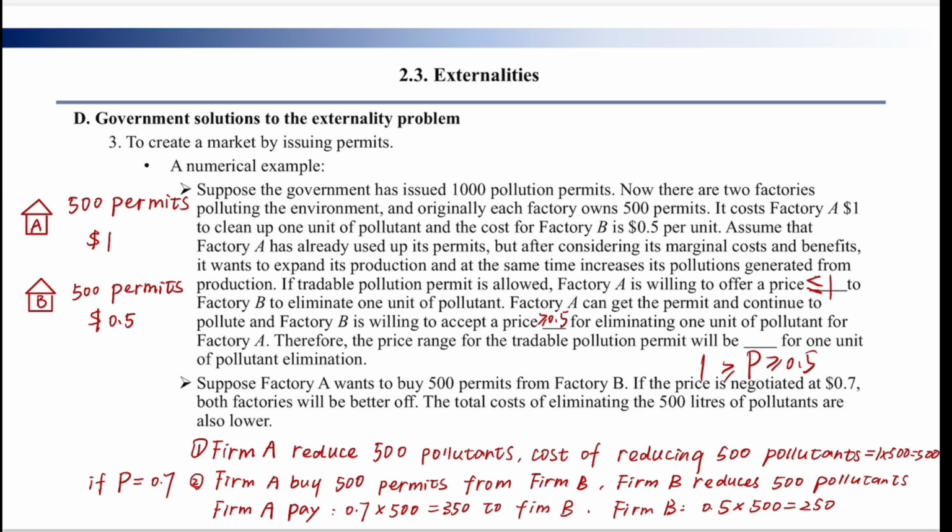So factory B earns $100 more. Okay, then how much does factory A earn? Factory A actually saves $500 minus $350. It can save $150. Okay, this is the third way for the government to solve the problem of externality.